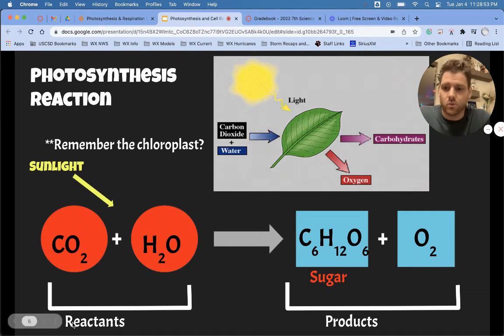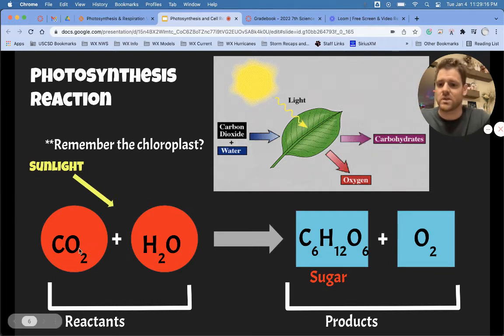These are what we would call reactants. These are things that we're going to put into this equation, this reaction. So we take sunlight, carbon dioxide, a little bit of water, and what it gives us is sugar. It gives the plant sugar plus a little bit of oxygen. These are things that we would call products.